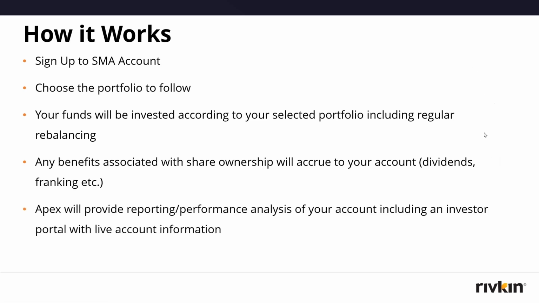And Apex will provide regular performance reporting and analysis of your account, including through an investor portal with live account information. We'll have the details if you'd like to find out more information at the end of this webinar, and additionally, as I mentioned, in that PDS application form in the handout section.